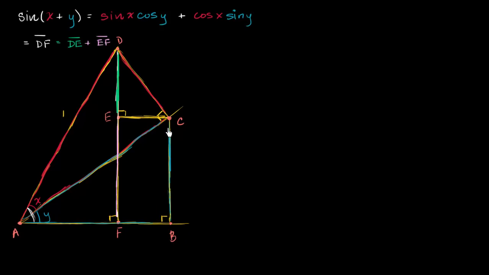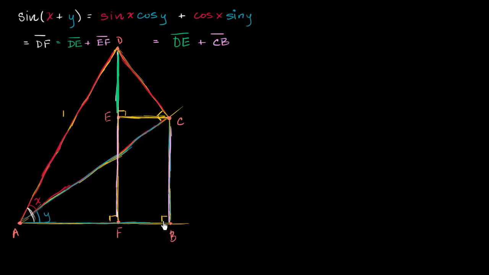And EF is, of course, the same thing as the length of segment CB. ECBF is a rectangle, so EF is the same thing as CB. So sine of x plus y, which is the length of DF, can be decomposed as the lengths of DE and CB.